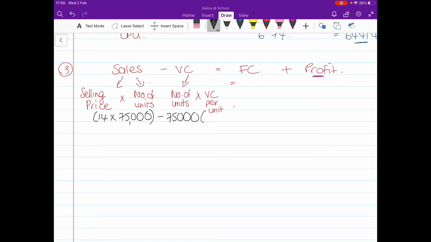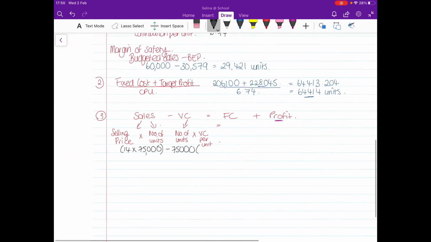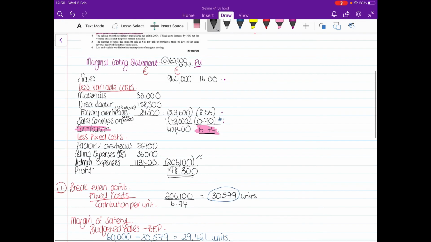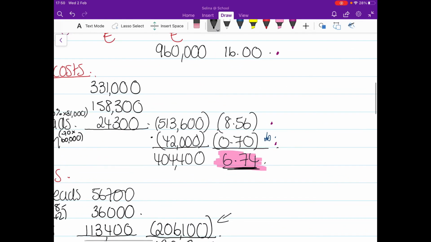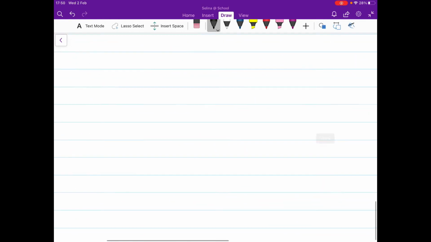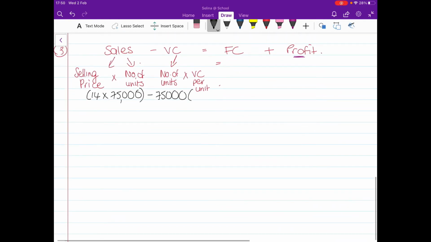It hasn't told us there's any change in the variable cost per unit, so we're referring back to our marginal costing statement up here. There are two elements to our variable costs: the 8.56 and the 70 cent. So 8.56 plus 70 cent. In other questions where the sales commission is based on a percentage, we would have to change that sales commission, because the selling price has changed.